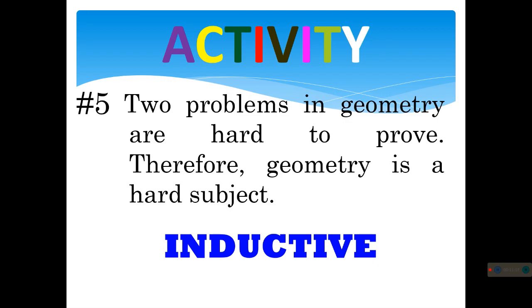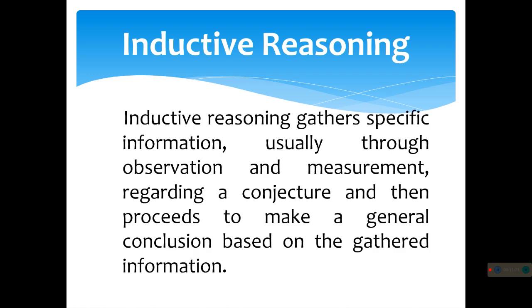Okay, question? Okay, so to sum it up, inductive reasoning gathers specific information, usually through observation, like example 4, Moo 1, Moo 2, Moo 3, Moo 4, and Moo 5, and measurement regarding a conjecture, and then proceeds to make a general conclusion based on the gathered information.